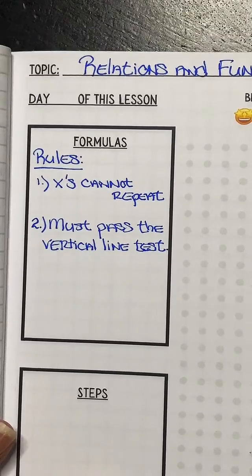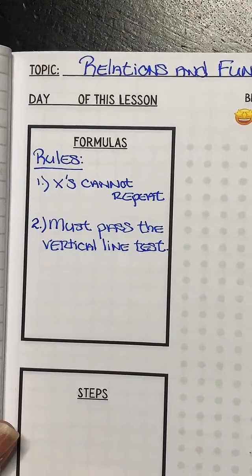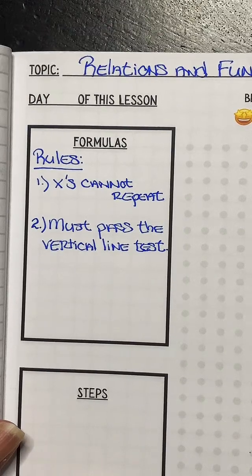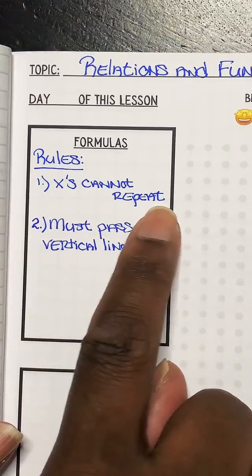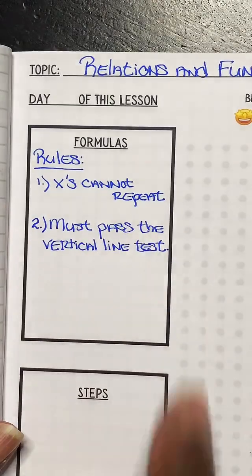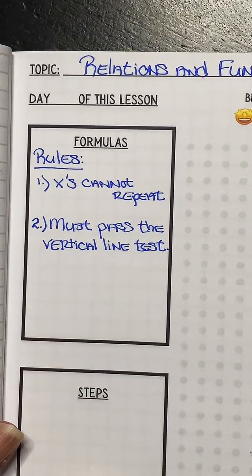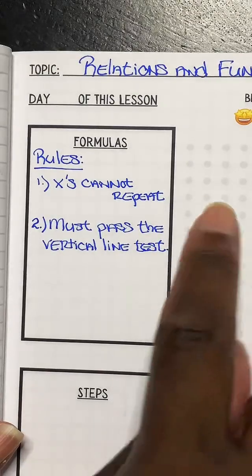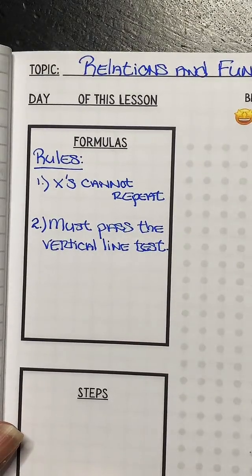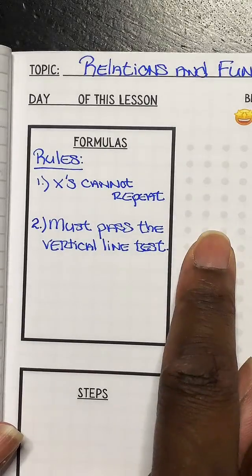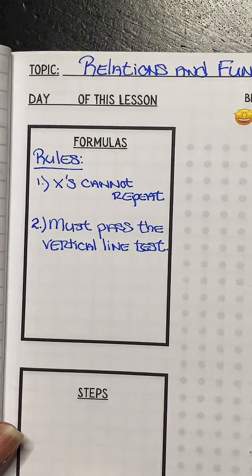So relations is basically the comparison of two things, okay? So one of the things could be a person's name and their birthdays. Now, the way that you can tell that it's a function is if whatever your x values are, they cannot repeat. Meanwhile, if you think of it this way, two people can have the same birthday, but one person cannot have multiple birthdays.